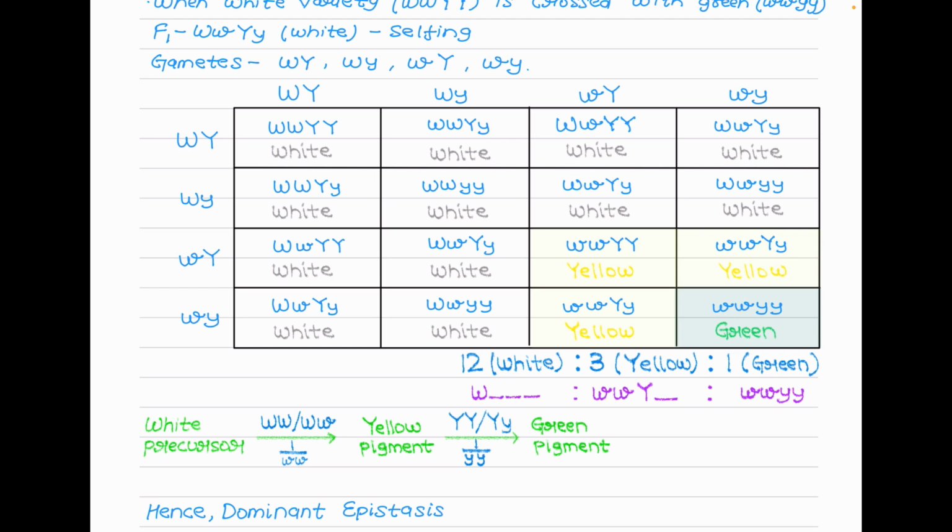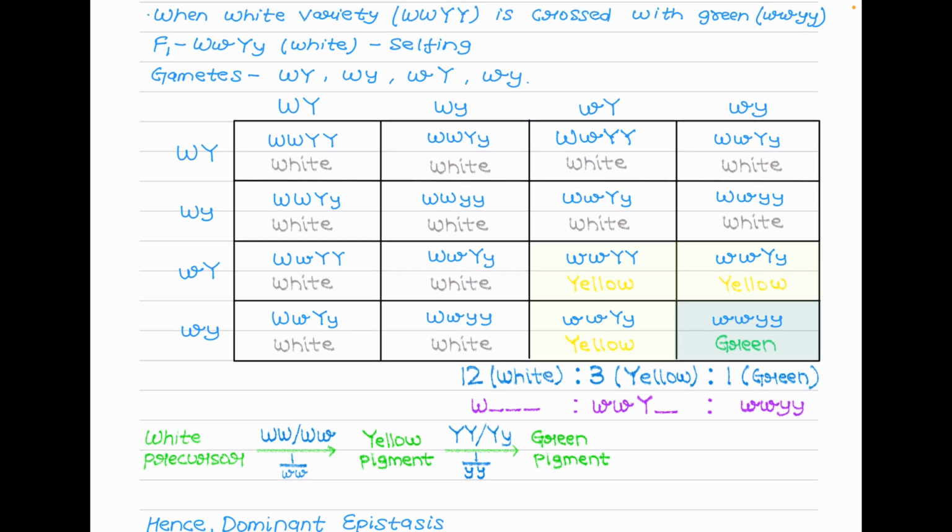So now let's see how this modifies Mendel's classical ratio. In a dihybrid cross, we normally expect a ratio of 9:3:3:1, but because capital W is dominant and epistatic, all genotypes that contain at least one capital W, that is, 9 plus 3 equals 12 out of 16, result in white fruits.